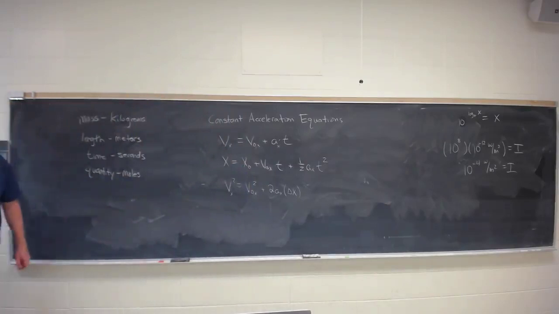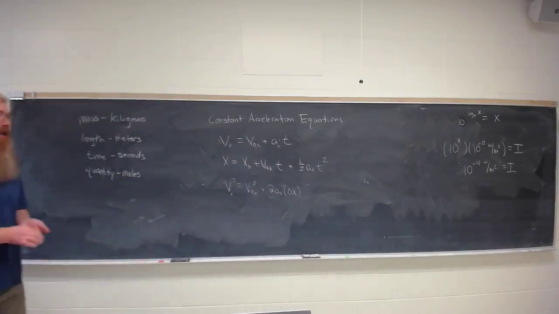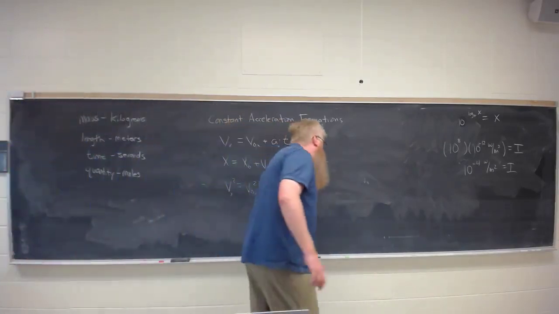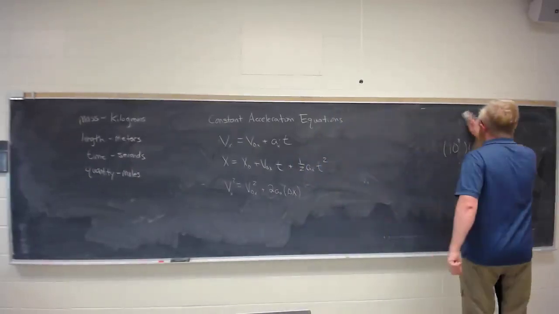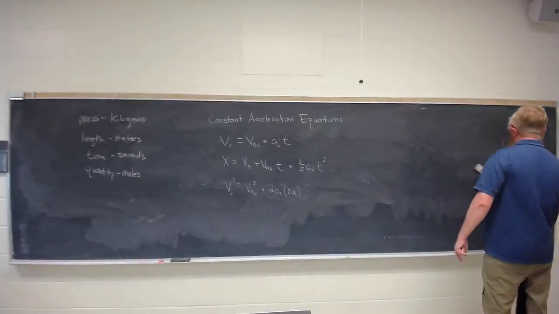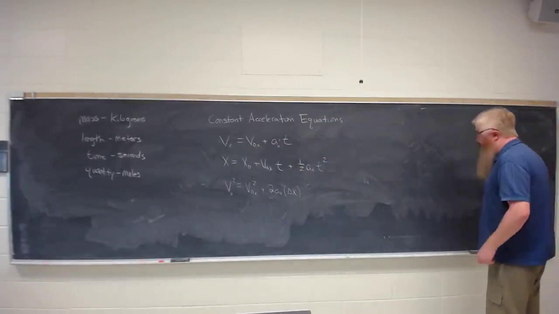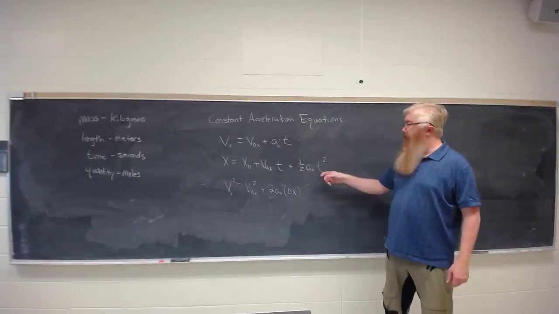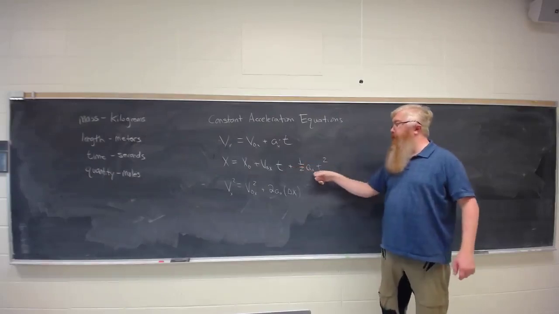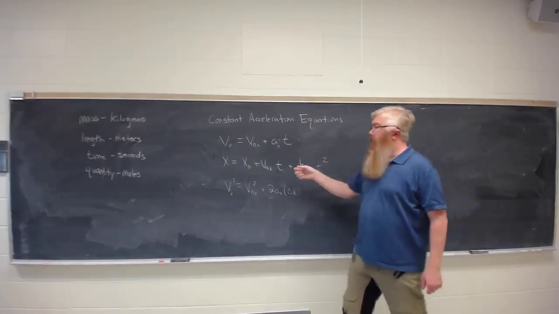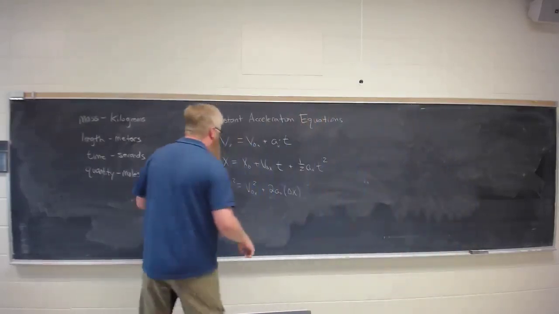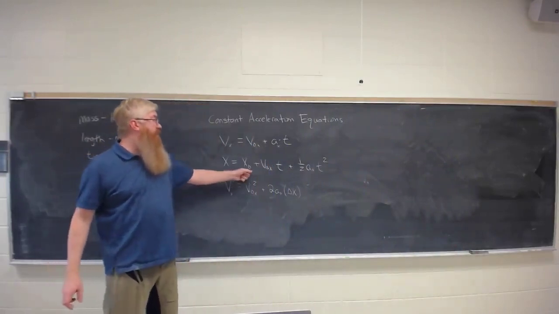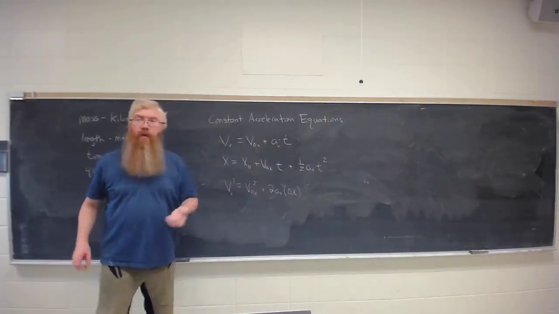Our third constant acceleration equation. So this talks about motion in one dimension, either vertically or horizontally. If you know what the acceleration is in that direction, how long the object has been moving with that acceleration, what the initial velocity is of the particle, final velocity of the particle, initial position, and final position.